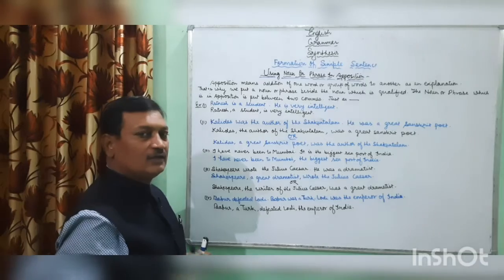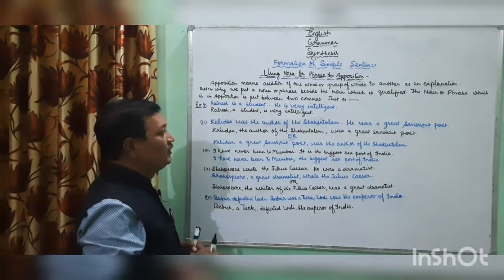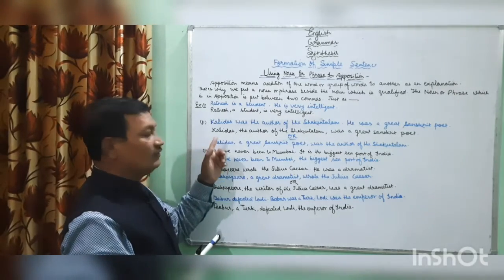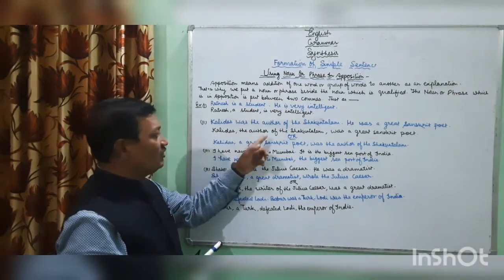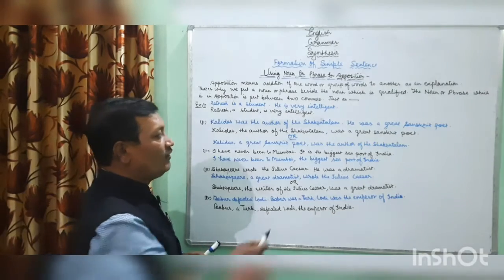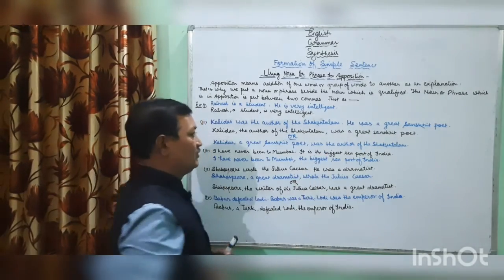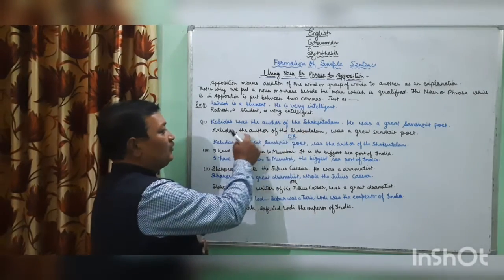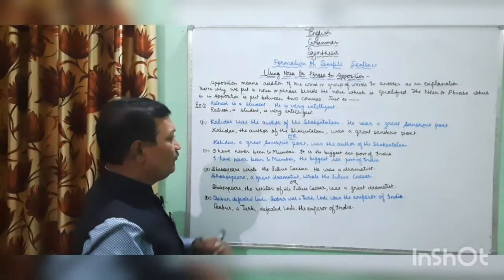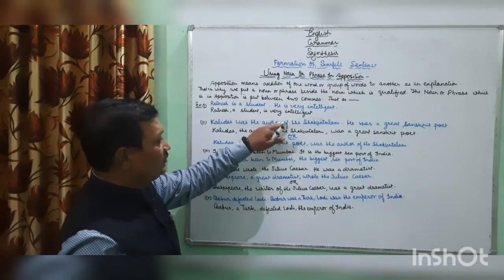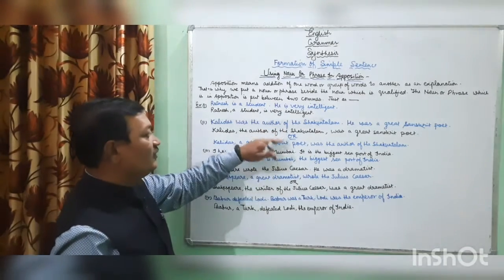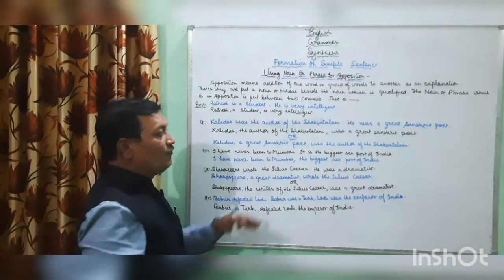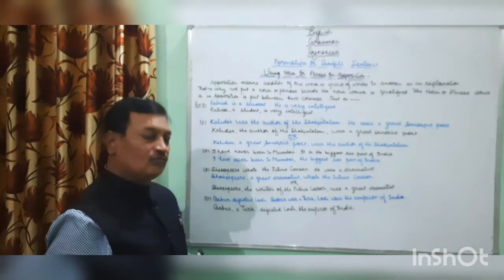So we'll put any one in apposition to this noun. Let's use: Kalidas, the author of the Sakuntalam, was a great Sanskrit poet. I have put this phrase between two commas. We can combine these sentences in another way also. Kalidas, a great Sanskrit poet, was the author of the Sakuntalam.